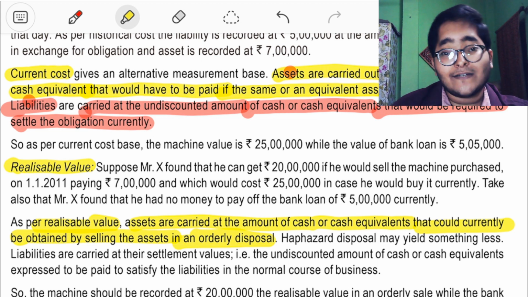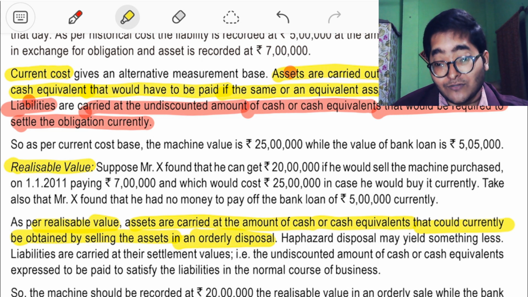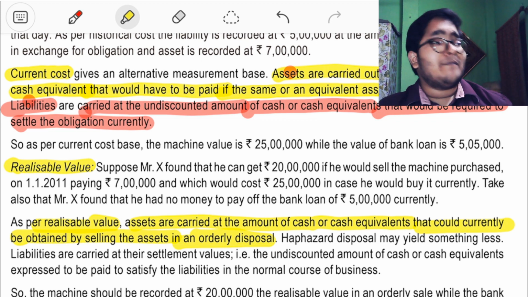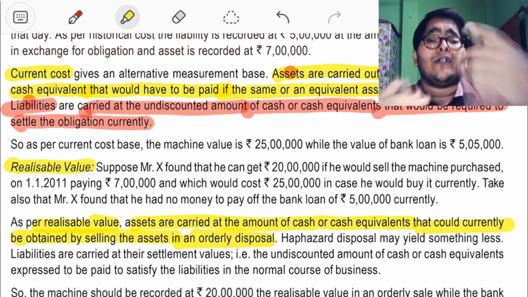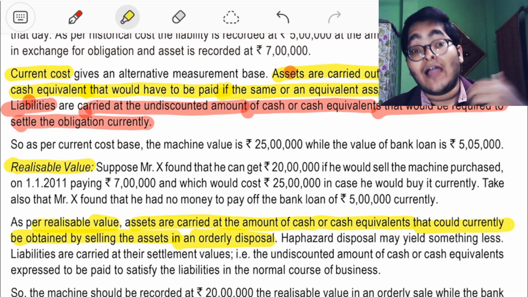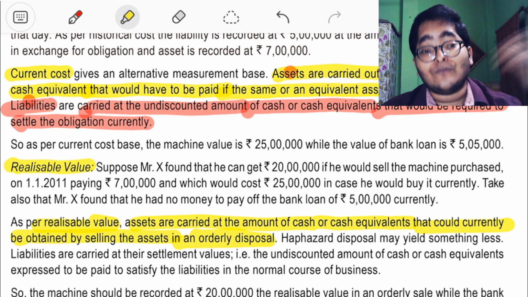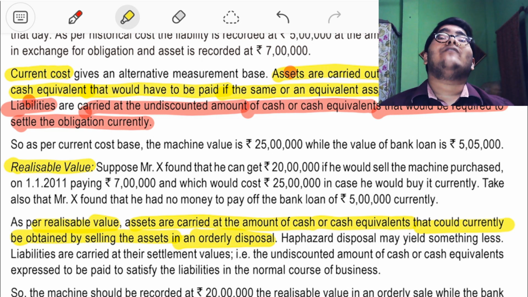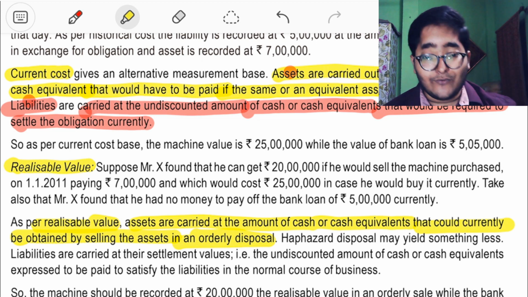What is haphazard disposal? Haphazard disposal may yield something less. Haphazard disposal मतलब हम लोग एक ऑर्डर में नहीं बेच रहे हैं. We are not following an order to sell off or to realize that asset. That is why we need to follow orderly disposal.